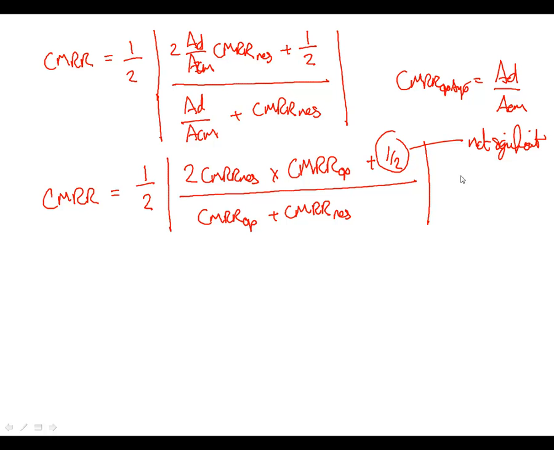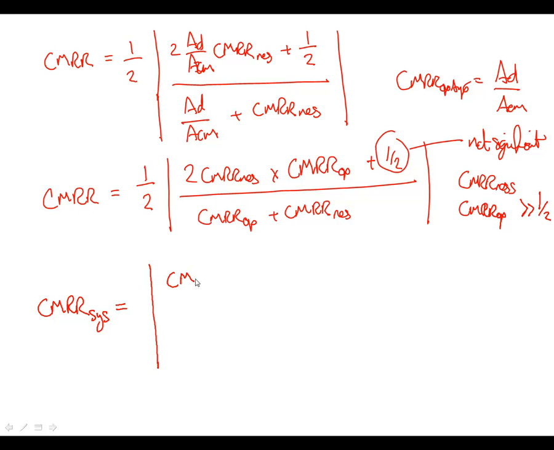Why can we say that? Well, CMRR resistors and CMRR of the opamp is going to be significantly greater than the half. So we can throw the half away. If we do that, we now end up with the common mode rejection ratio for this system is going to be equal to, as we've got a 2 on the top here, we can get rid of the half.